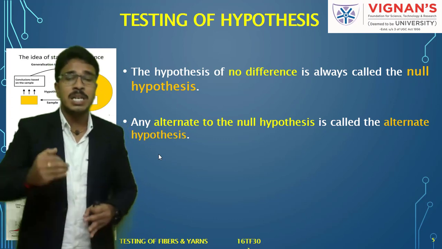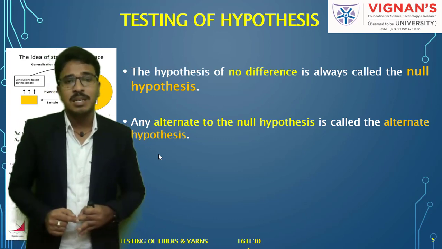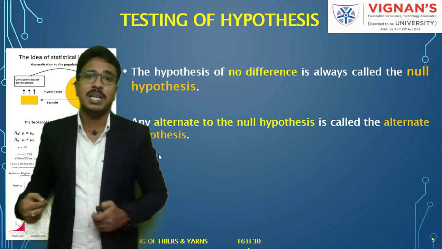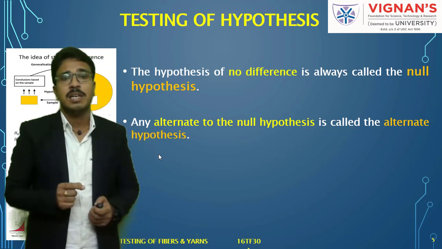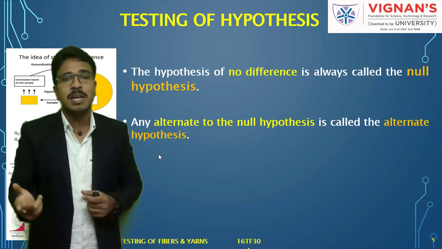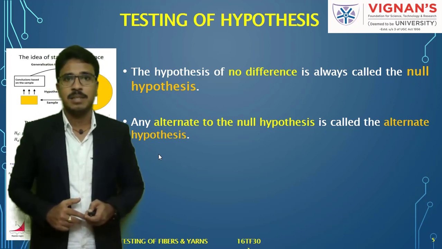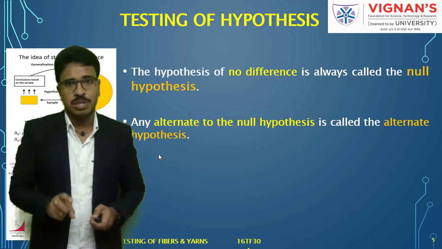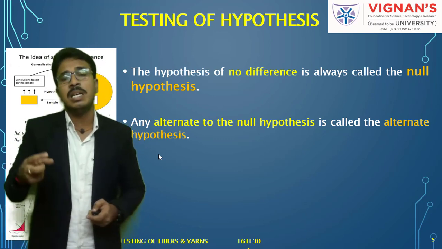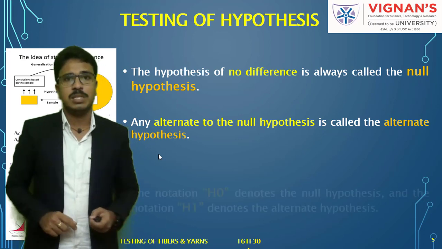If you reject the null hypothesis, that means you are accepting your alternative hypothesis, where there is a difference, which may be greater than or less than. So this is how we need to set our null hypothesis and then alternative hypothesis.